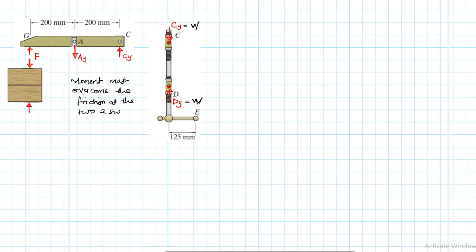If you want to call them two screws, I'll call it two screws, though there are also some nuts there. I'll call it this way. Now let's draw our model. If I was to draw my model, I expect something like this.